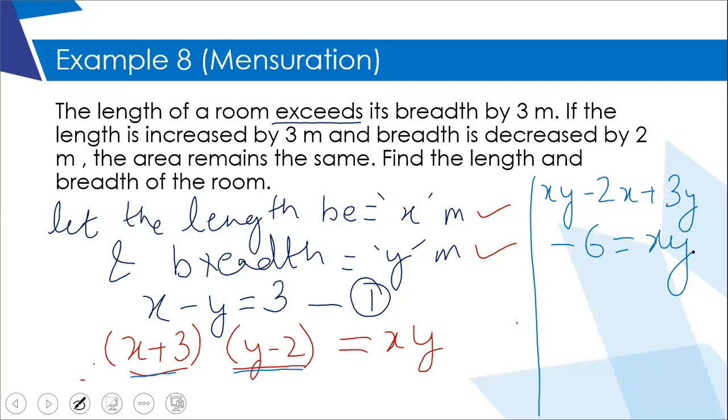Now because xy and xy are both on left and right side, you will just cancel them, and your final equation is 3x minus 2y.